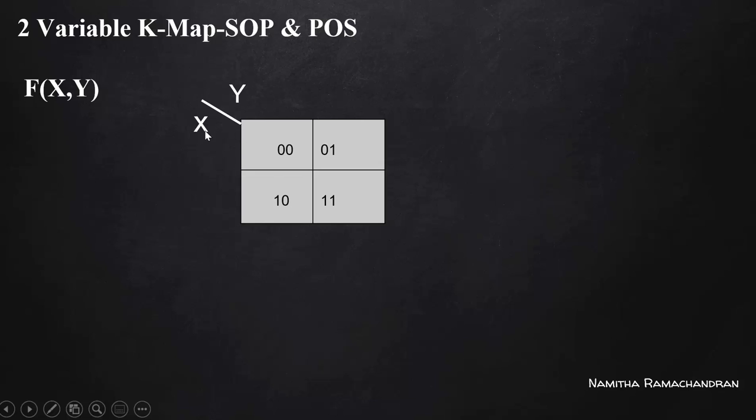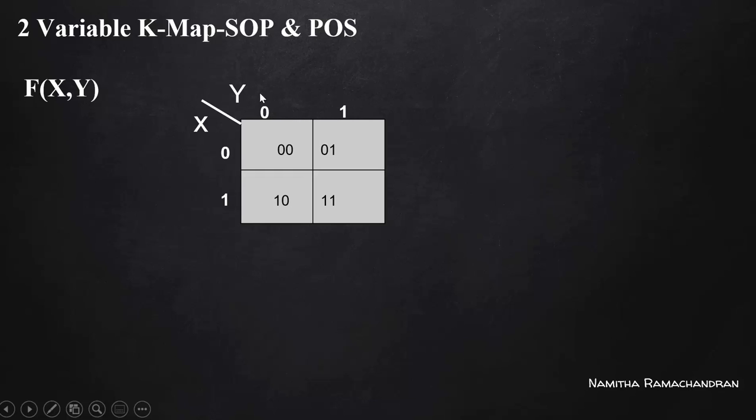In this corner, we mark x here and y here. Then the first row is marked with x value equal to 0. Here it is marked with x value equal to 1. And the second variable y indicates 2 different columns. This column indicates y value equal to 0.